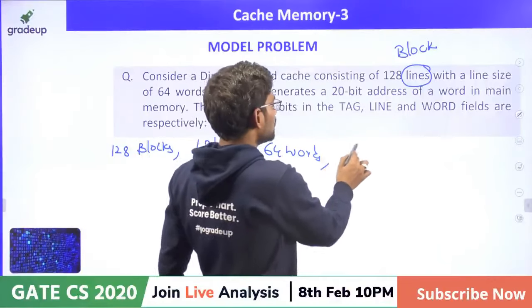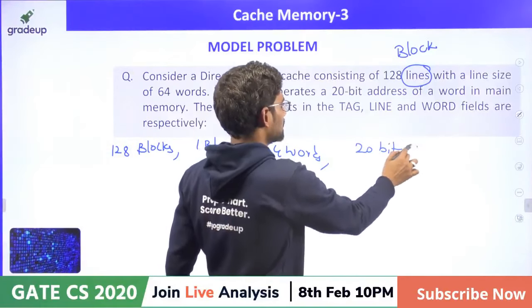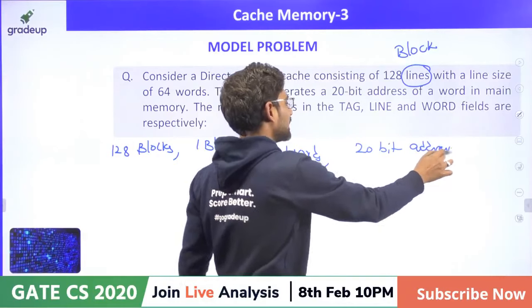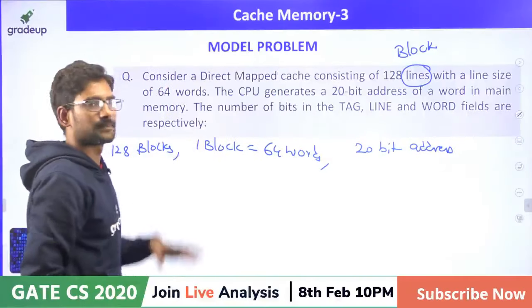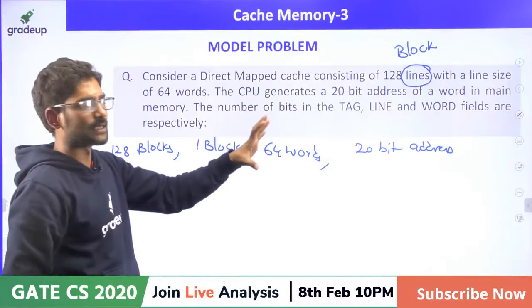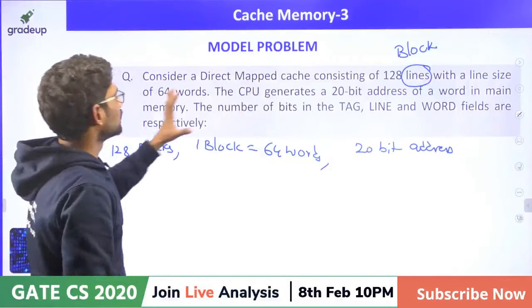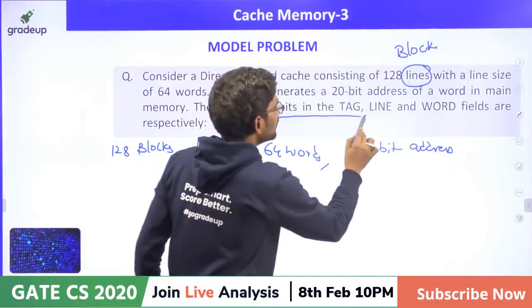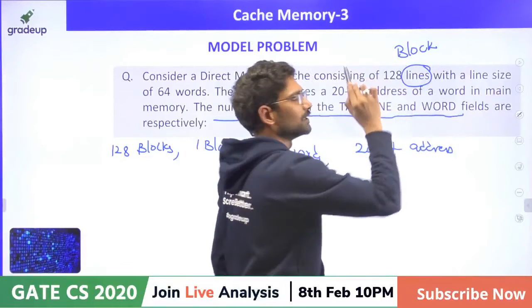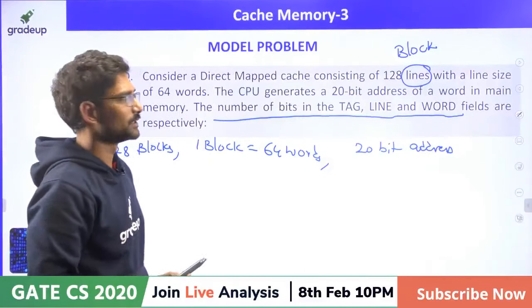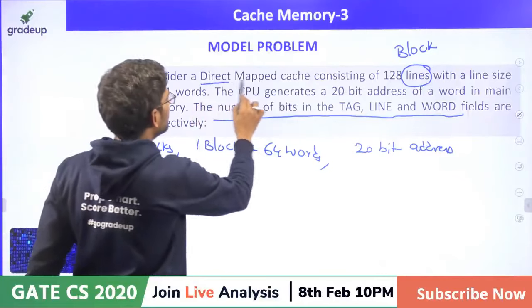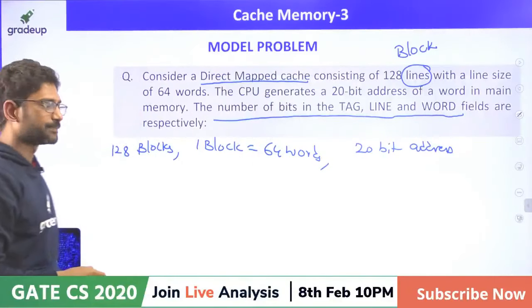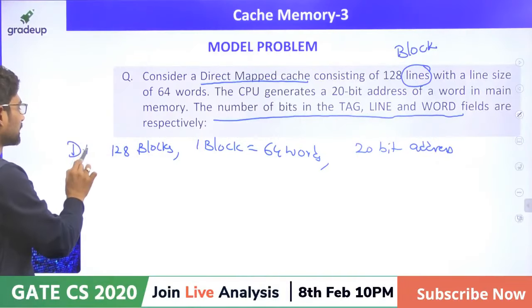The CPU generates a 20-bit address. In your GATE exam, questions come like this. Find the number of bits for tag, line, word. Line means block. And it is a direct mapped cache.